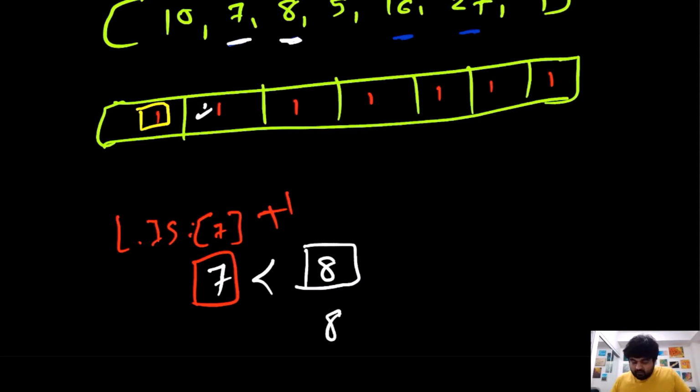So we can say that the longest increasing substring at value number 8 would be the longest increasing substring of 7 plus 1.